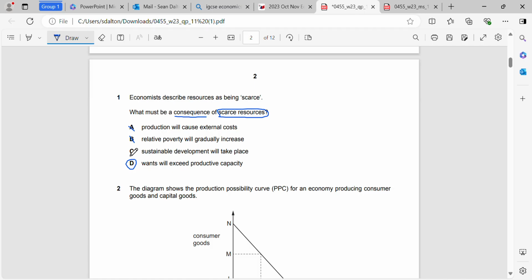And sustainable development will take place. That is, again, something that could happen, but it is more so a possible consequence of economic growth rather than scarce resources. So unlimited wants, limited resources equals choices have to be made, equals opportunity costs. That is our basic economic problem.